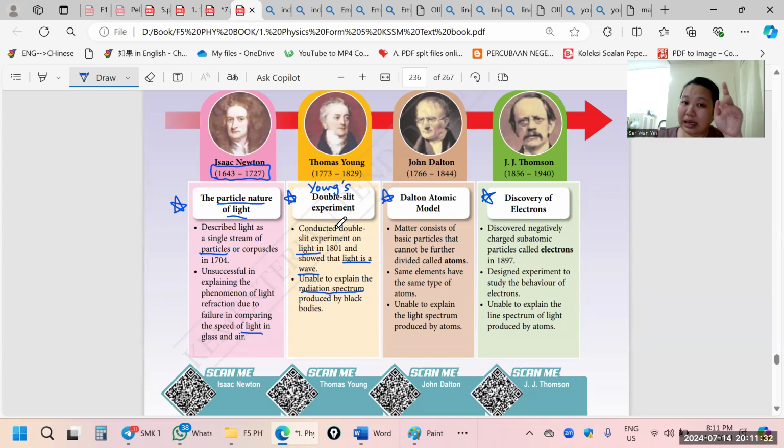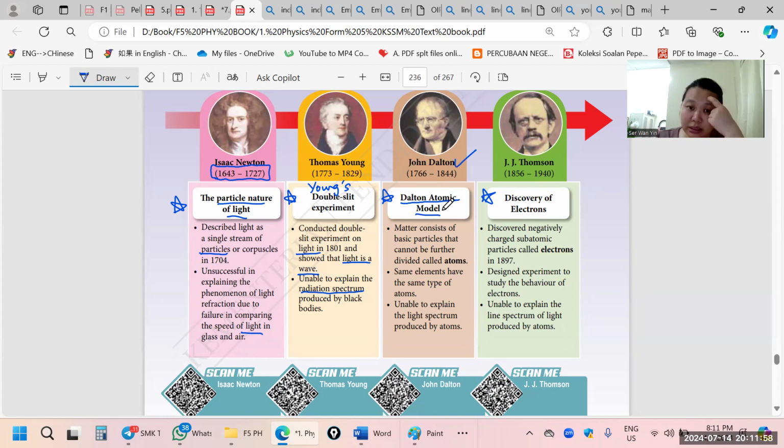Thomas Young said light is a wave. Then comes John Dalton. I believe all of you know him from chemistry. Yes, John Dalton built up the Dalton atomic theory. Now we know matter can be classified into the basic particle, the atom. It comes from John Dalton.